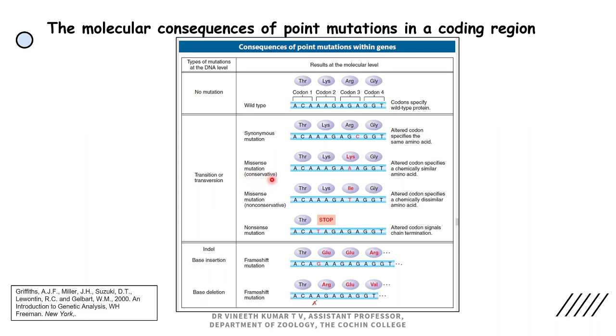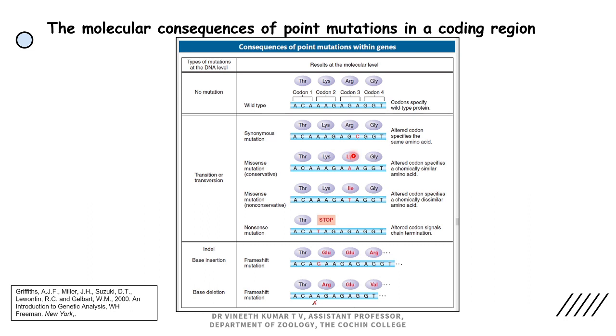It is called conservative because both arginine and lysine belong to the same chemical family of amino acids, the category called basic amino acids. Both arginine and lysine are basic amino acids because of their chemical nature. There is an amino acid replacement because of a transition, and the replaced amino acid belongs to the same chemical category.